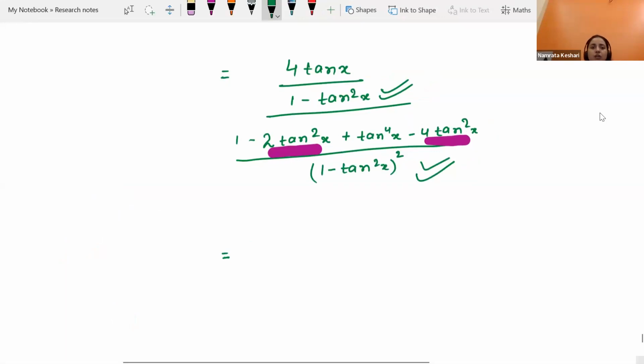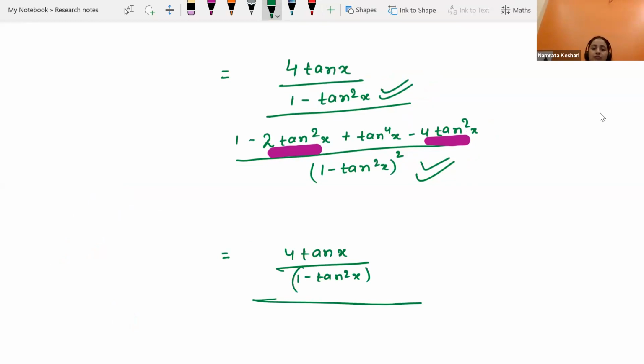We are having over here 4 tan x over 1 minus tan square x, we are keeping as it is. And in the denominator, we are having 1 minus tan square x, we cancelled it, right? If you want to cancel it over here, yes, let's cancel them; or if you want to cancel it later, it's completely up to us. If you are comfortable and understand the concept, we can cancel it here.